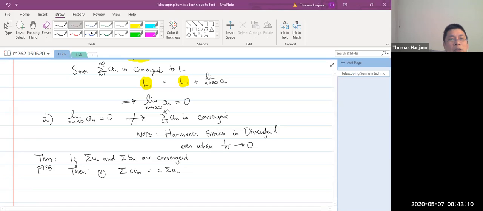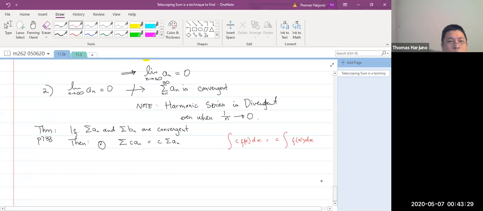Mimic this with the integral of c f(x) dx equals c times the integral of f(x) dx. You can mimic that because an integral is basically a summation also.